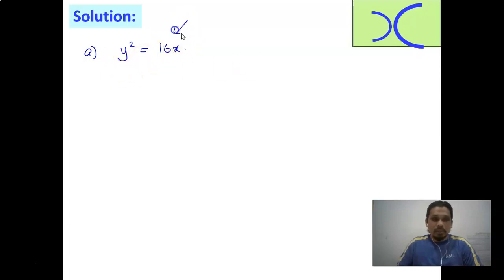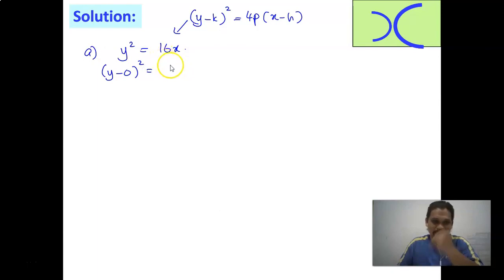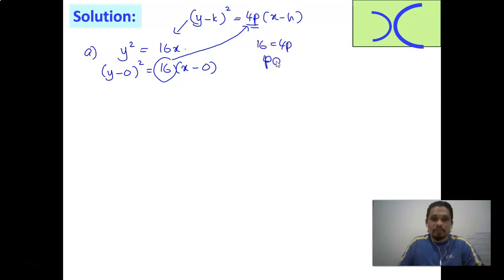We compare with the general equation of a parabola, y minus k squared equal to 4p times x minus h. So you come out with y minus 0 squared equal to 16 times x minus 0. We compare with 4p: 16 equal to 4p, then p equal to 16 divided by 4 equal to 4.